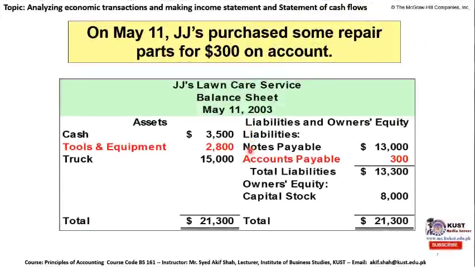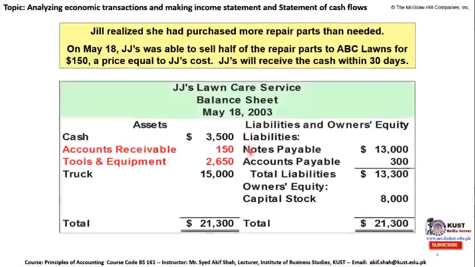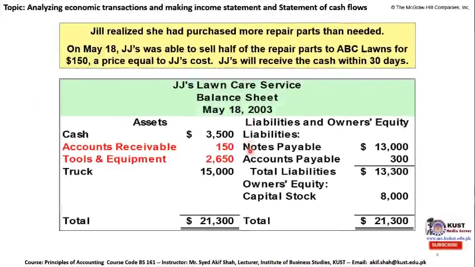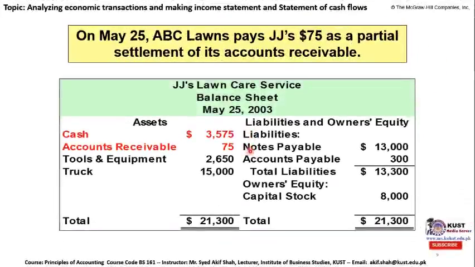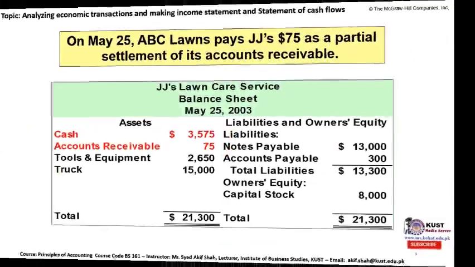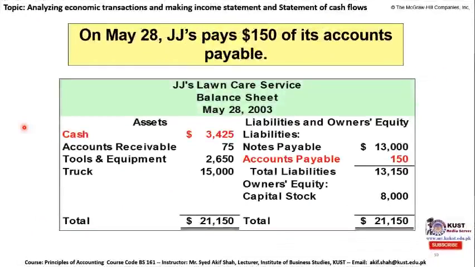This is just a quick overview in order to know that we are going to discuss the previous example in further fashion. Then we sold certain repair parts to another lawnmower company and mentioned the transaction's impact. So these were some of the transactions where we showed the impact of those economic transactions on the balance sheets.